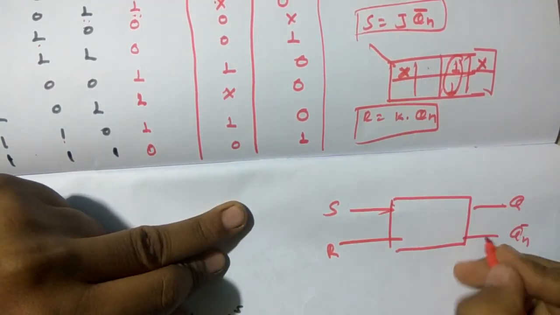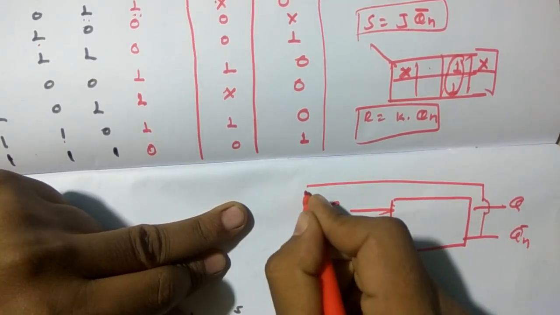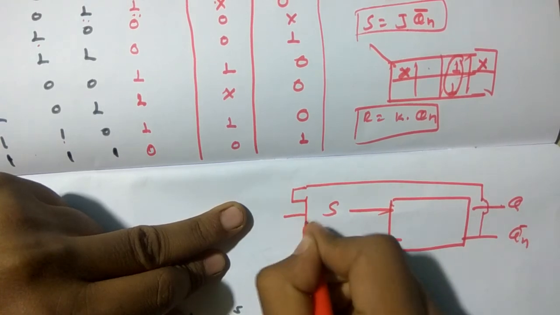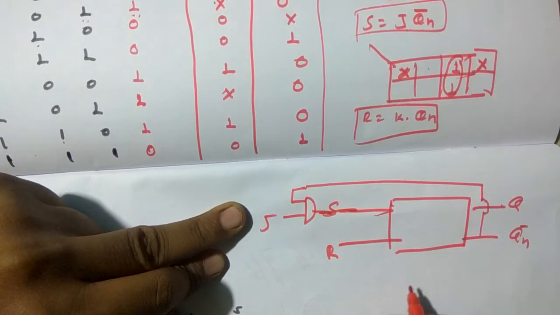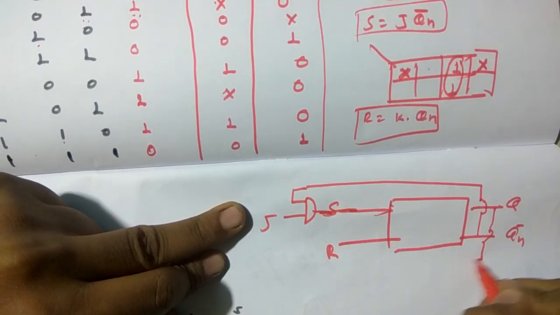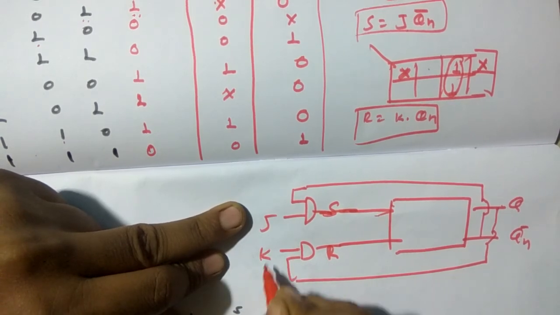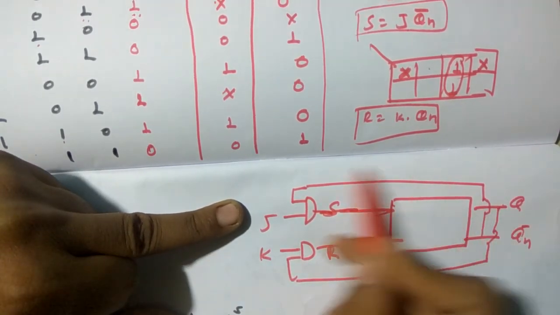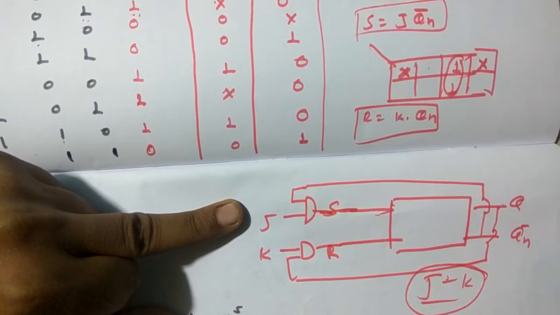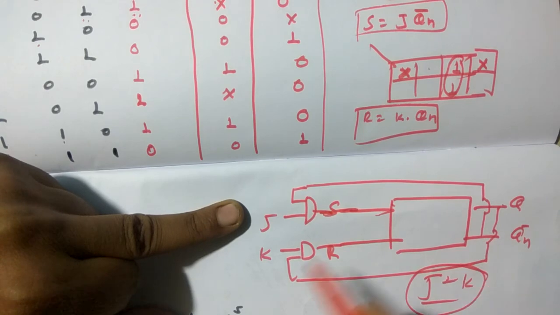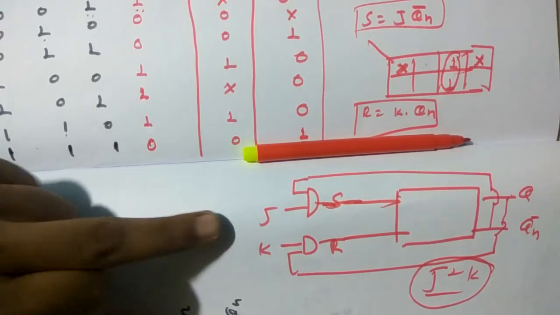J into Qn bar goes to S, and Qn into K goes to R. So this is nothing but the JK flip-flop. We did the same thing in the implementation of the JK flip-flop. We have just inverted this barring. So this is the only logic behind it.